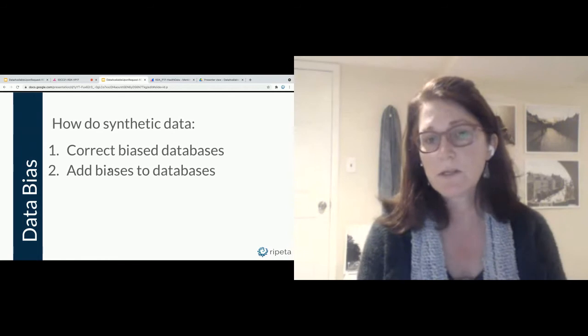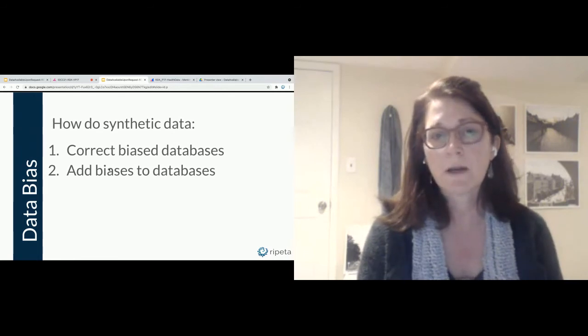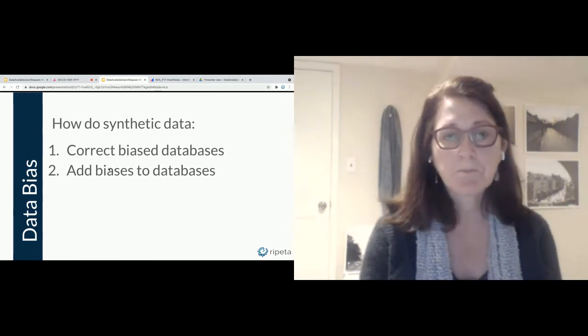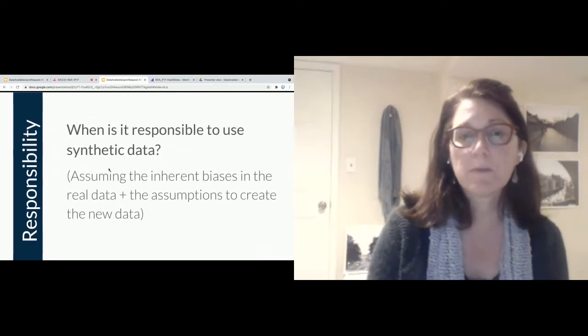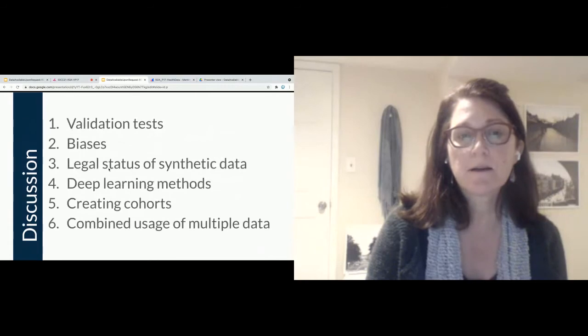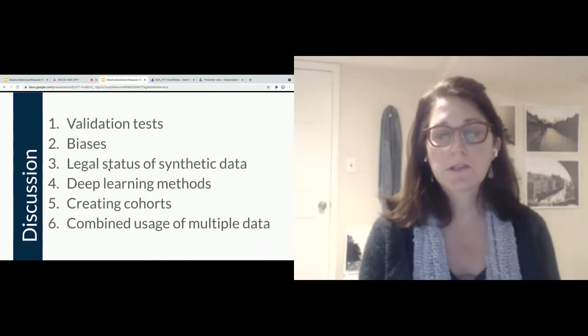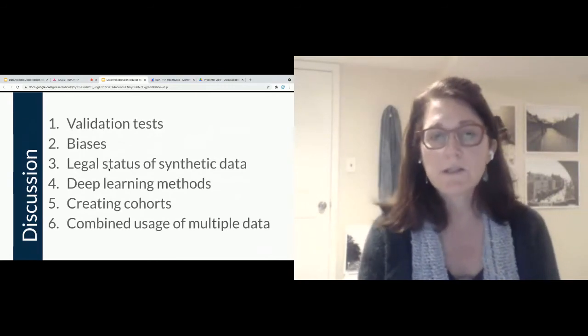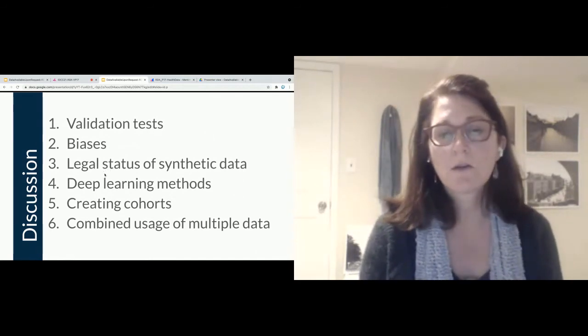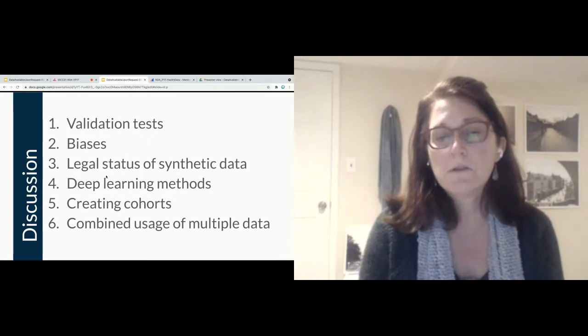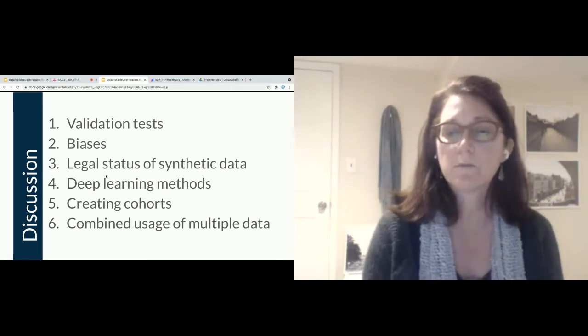Again, I'm just posing questions more for discussion rather than answering them right now. We already asked that: when is it responsible to use synthetic data? And then back to the discussion question, just as a reminder that we're looking at validation tests, biases, legal status of synthetic data, deep learning methods, when it's appropriate to use for creating cohorts, and combined usage of multiple data.